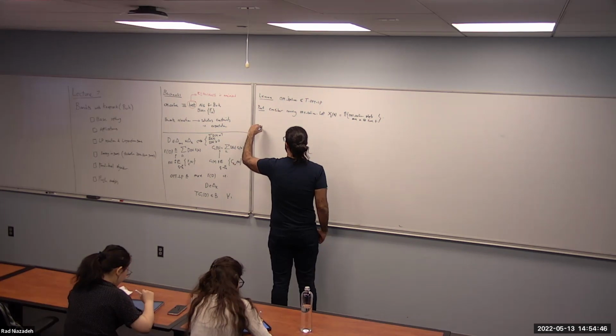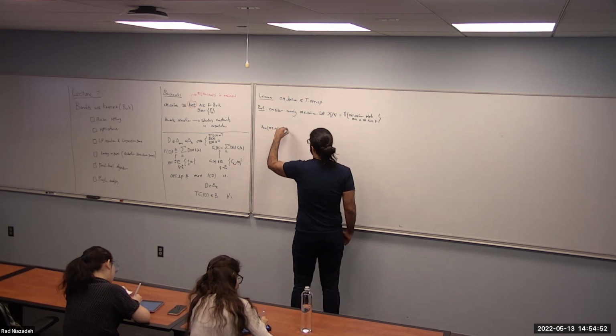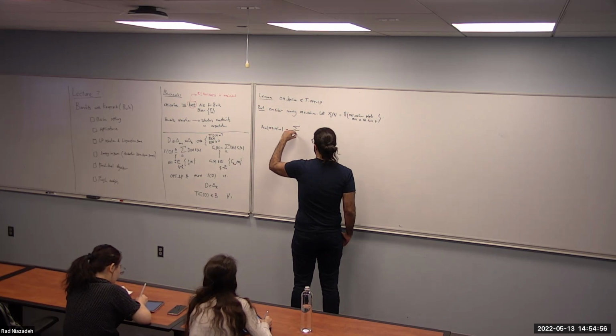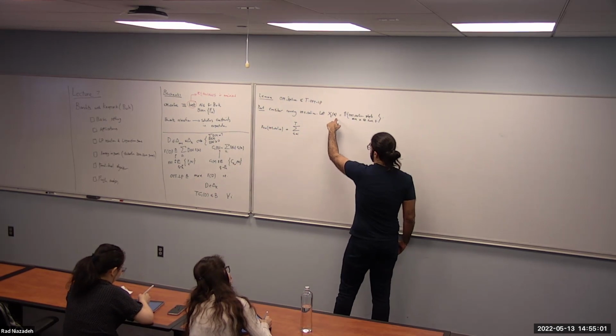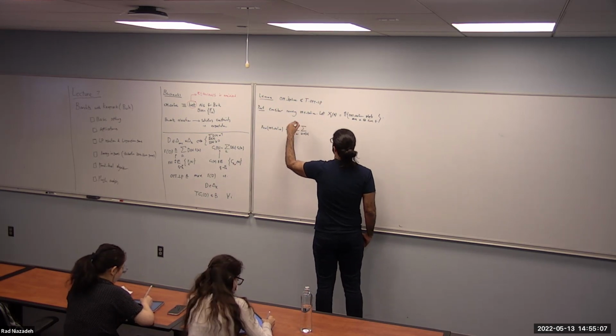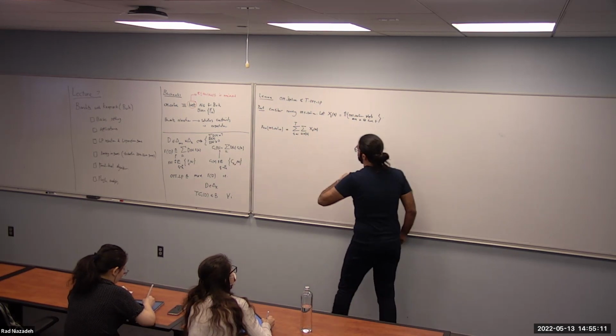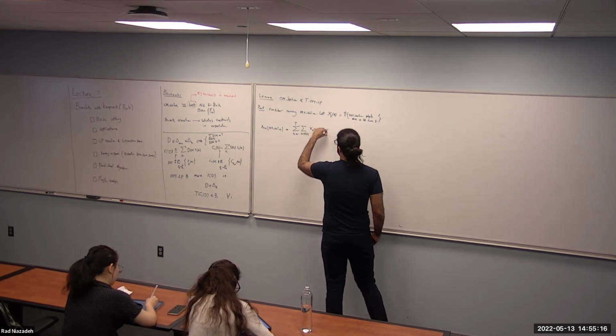So the reward of OPT online in this case would be the sum over all the times t from 1 to T. And because of the indicator property, I can say this is actually equal to the sum over all arms, X_t(a) times r_t(a).